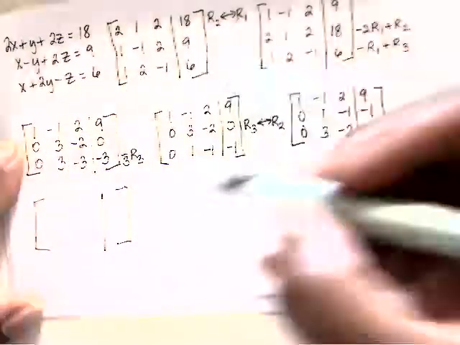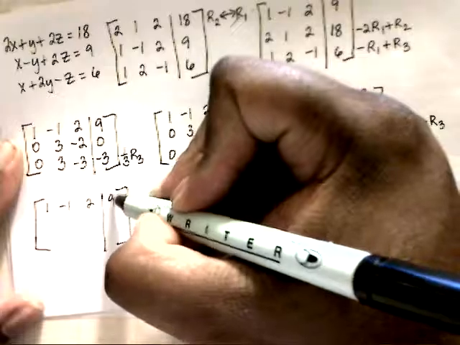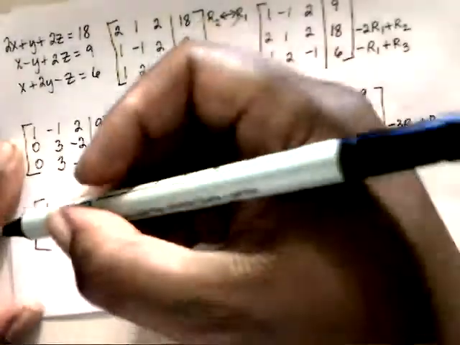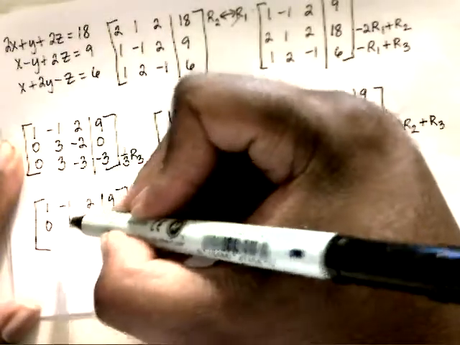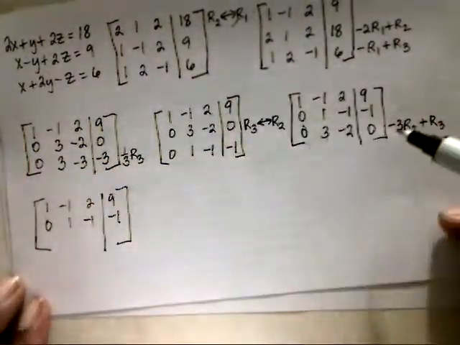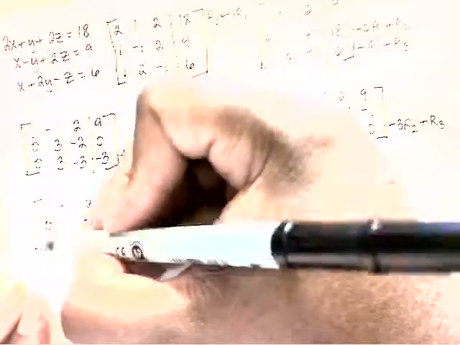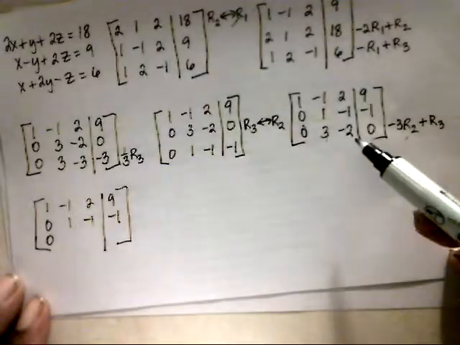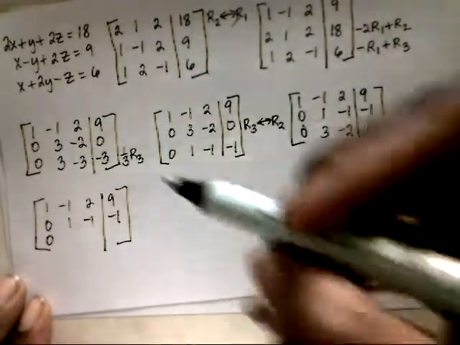Okay? So now when I do that, here's what's going to happen. The first row remains the same, so this is 1, negative 1, 2, 9. The second row will still be 0, 1, negative 1, negative 1. But the third row is going to change. Negative 3 times 0 is 0, plus this 0 is 0. 1 times that negative 3 is negative 3, plus that 3 will be 0.